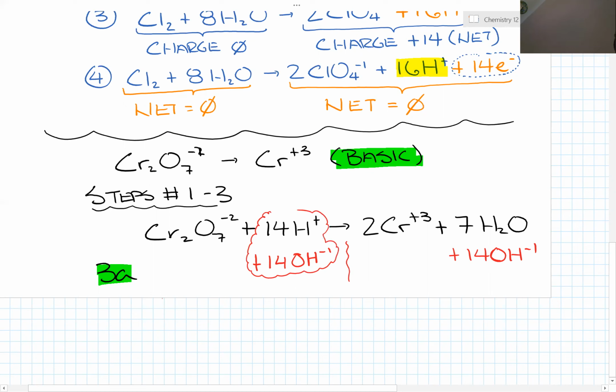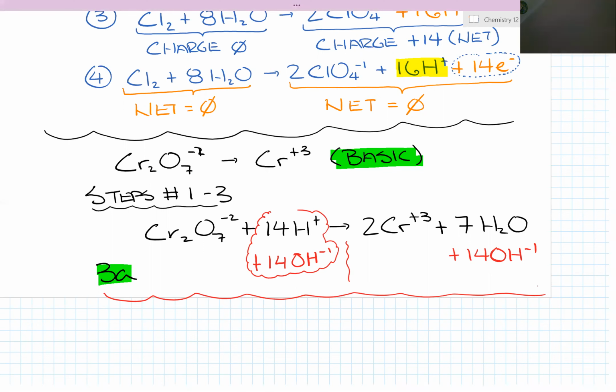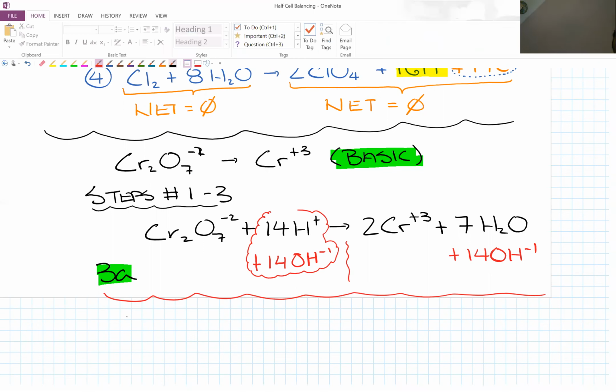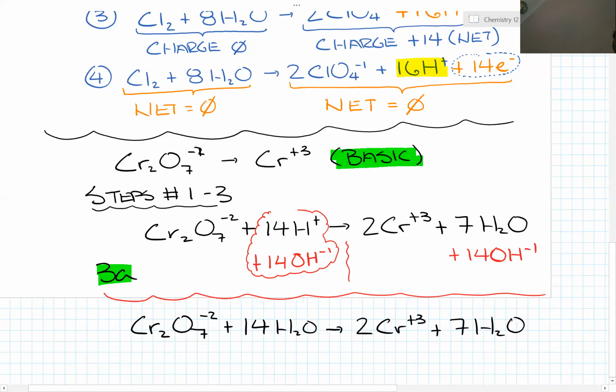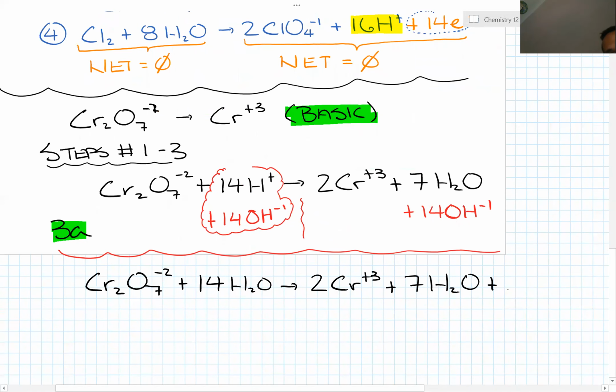Okay, so if we were to balance this out afterwards, here this would be Cr2O7 minus 2 and 14 waters would give you 2 Cr plus 3 plus 7 waters and plus 14 OH minus 1.